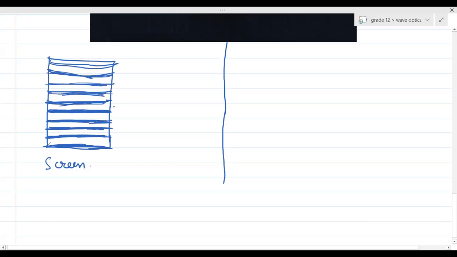So if I try to draw the intensity versus distance curve, then the intensity looks like this.